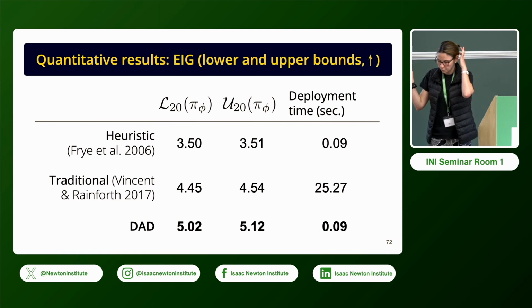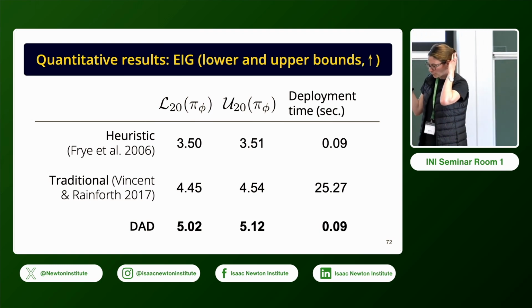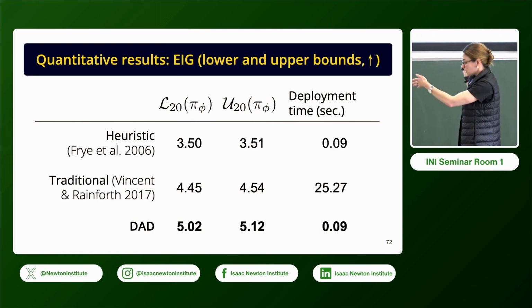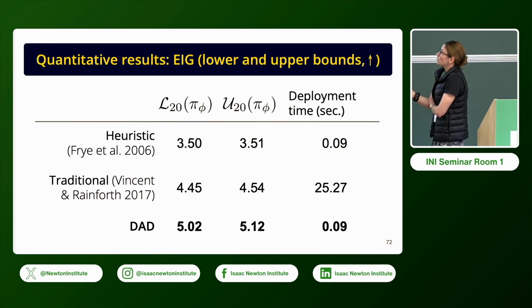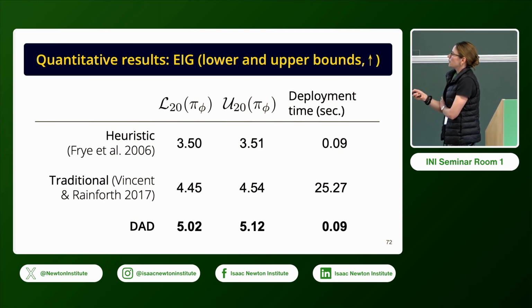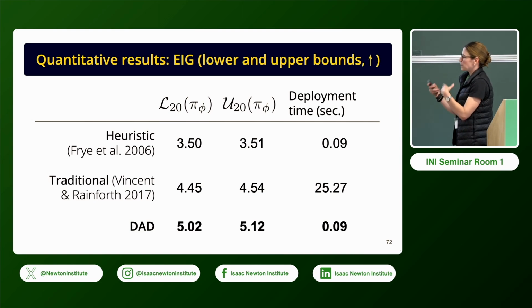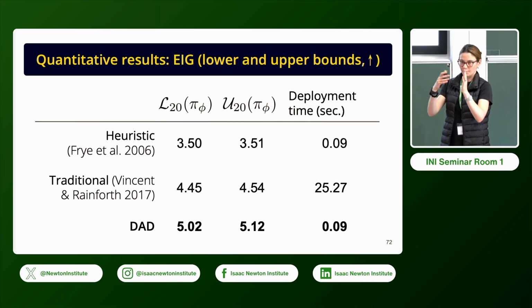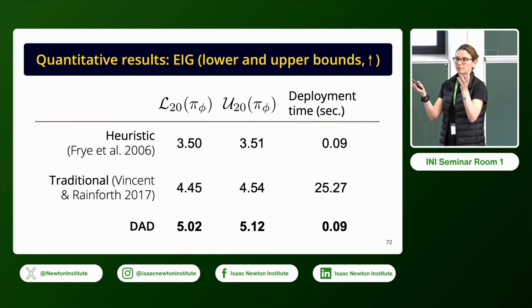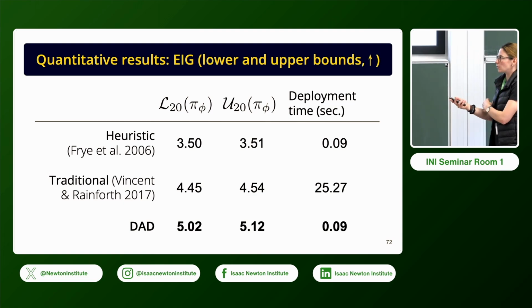Here is a quick overview of what some quantitative results actually look like. The first row is a heuristic approach from a psychology paper. They have developed almost like a tree-based algorithm for deciding on what the optimal questions are.